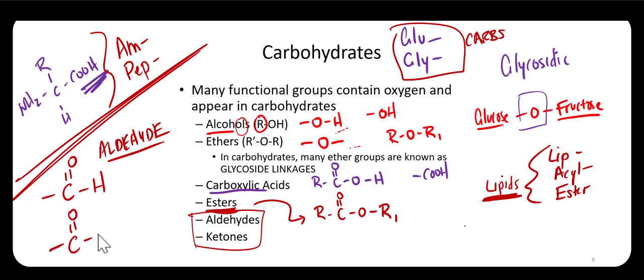Carbon double bonded to an oxygen, single bonded to another R group is my ketone. So make it a sugar, could be a ketose, and so on. So I would know these, and again, we made the point of this is terminal and this isn't. I would know these, and they're absolutely fair game to ask you.